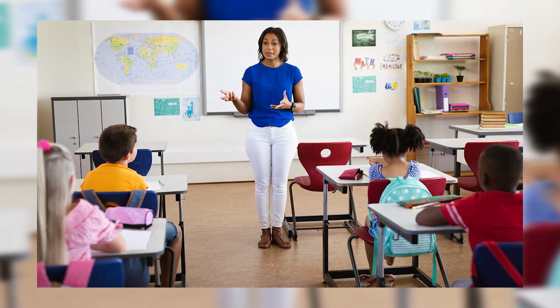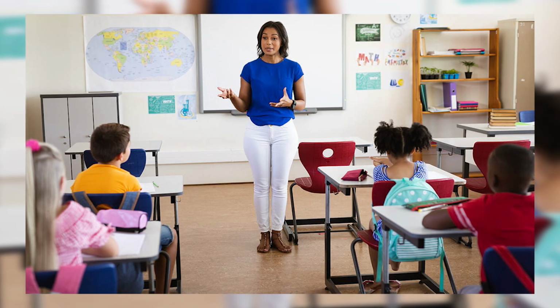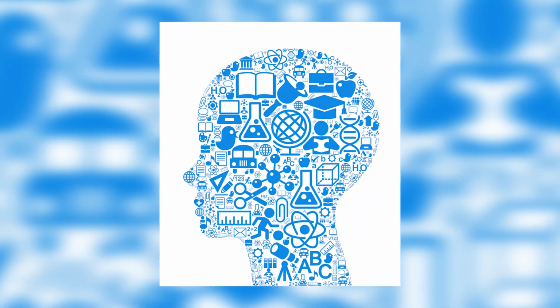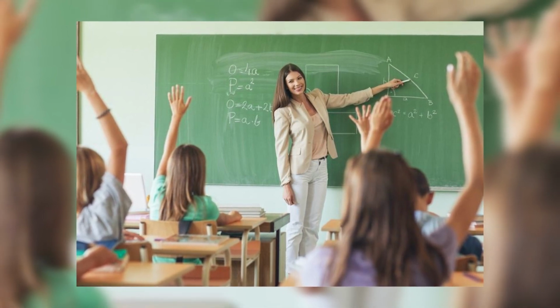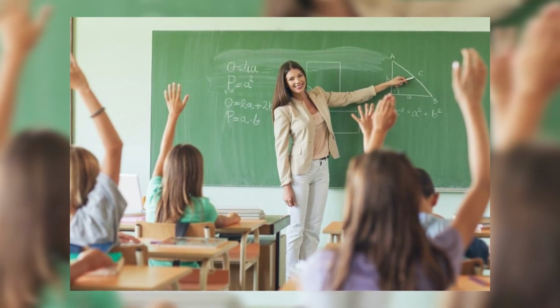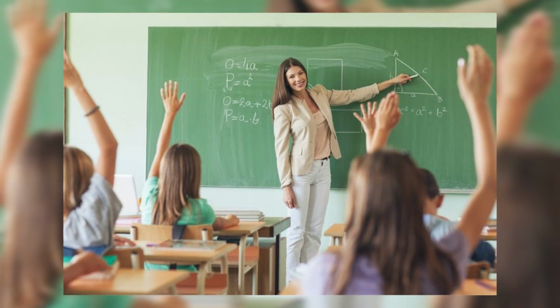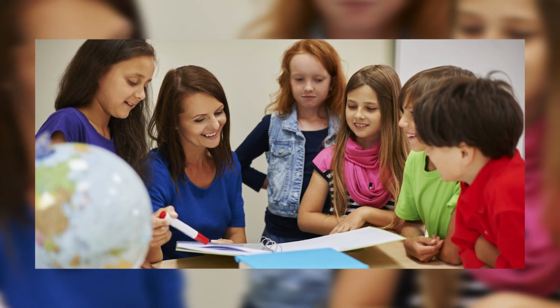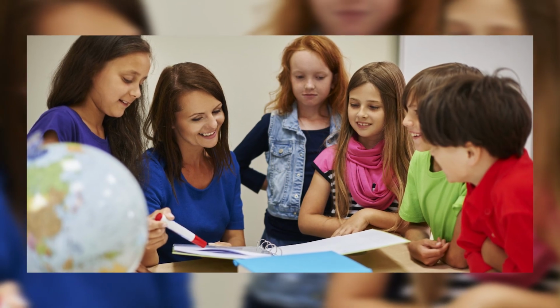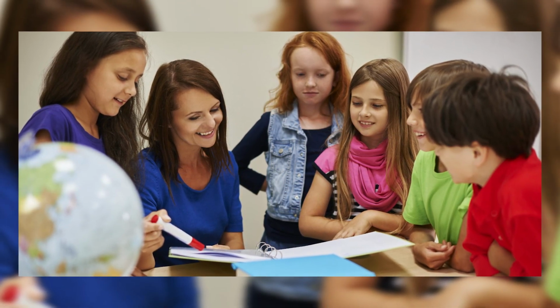Now we shall see the factors related to the teacher. First one is the knowledge of the subject. The teacher's knowledge of the subject, his experience and ability have a direct relationship with the learning of the students. Next one is teacher behavior. Teacher behavior influences the learning of students directly.